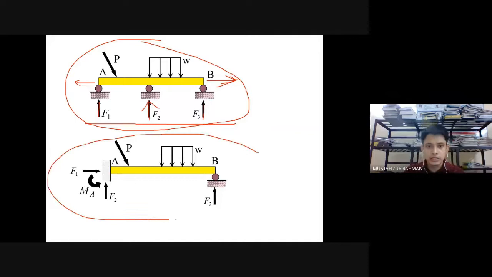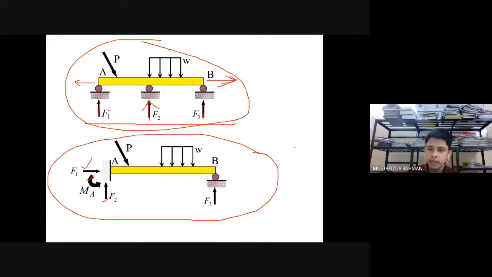Then we saw this structure. This is called a propped cantilever. One side is fixed like a cantilever, another side is free in case of a cantilever, but here there is a roller joint, and this is known as a propped cantilever. In the propped cantilever, we have 1 reaction, 2 reactions, and 3 reactions in the fixed side, and 1 reaction in the roller support.